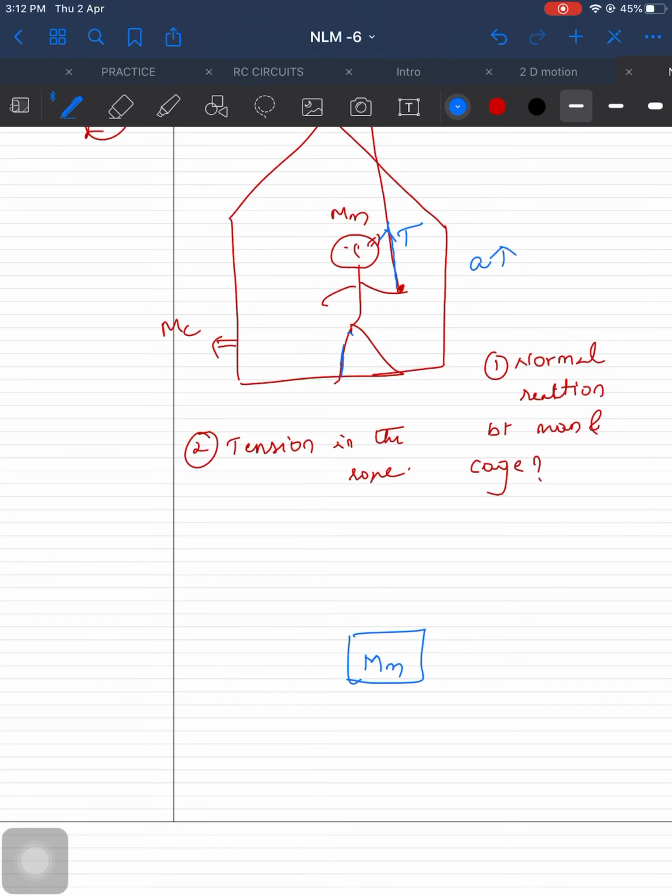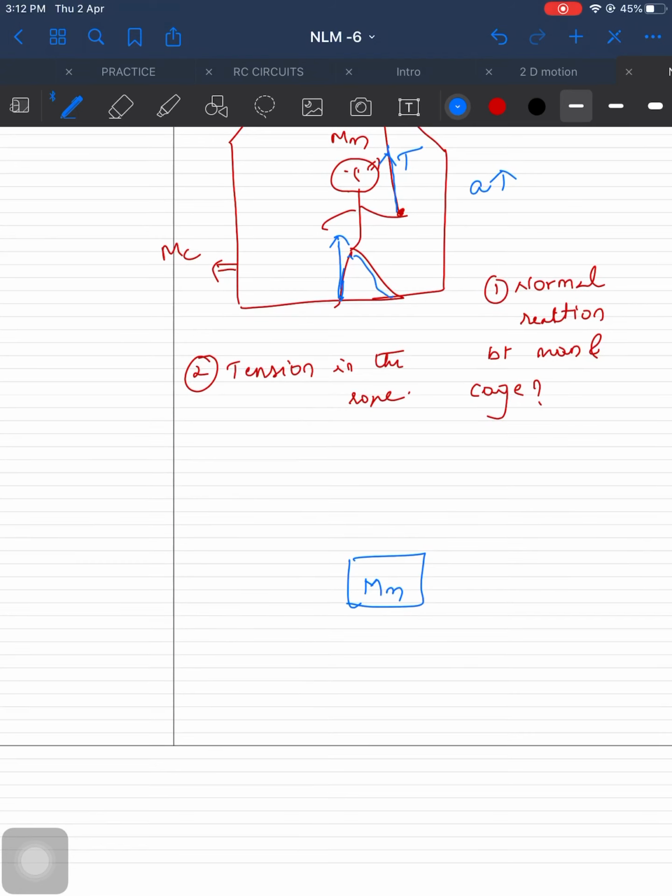See carefully, he is in contact with the cage, so the cage will exert some upward normal force from the bottom. So one force in the upward direction is T, another force is normal from the cage, which I can just take as N. And there is one more force, the downward force, mass of man into g. They are going in the upward direction.